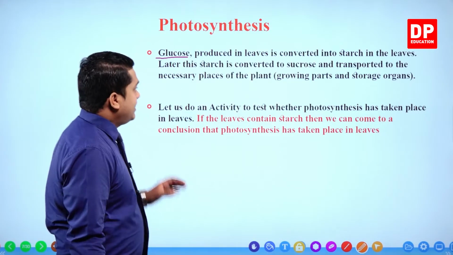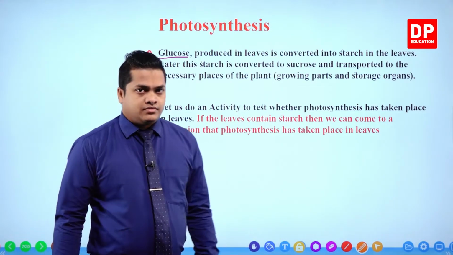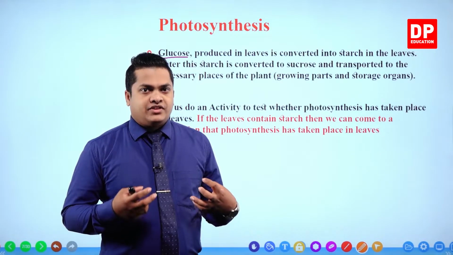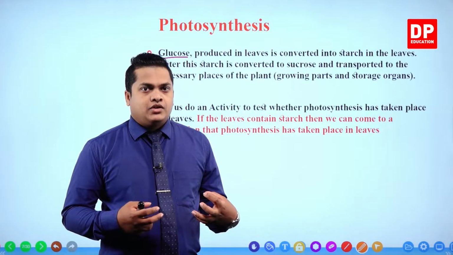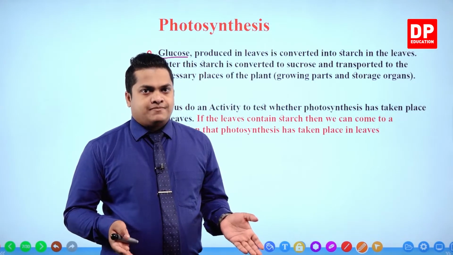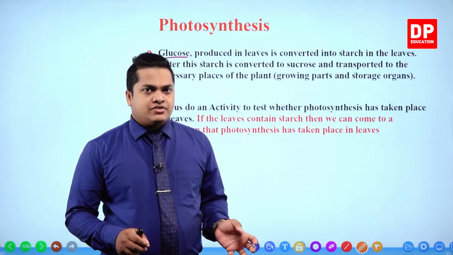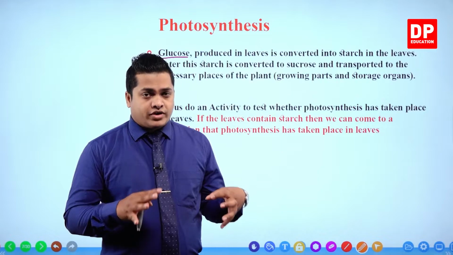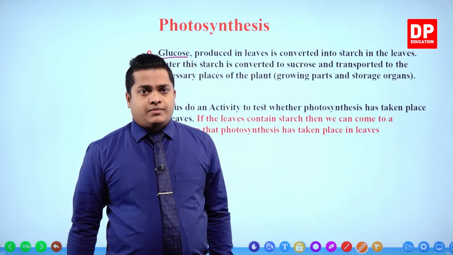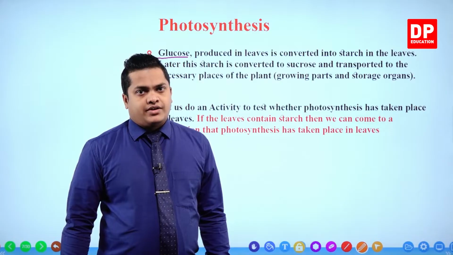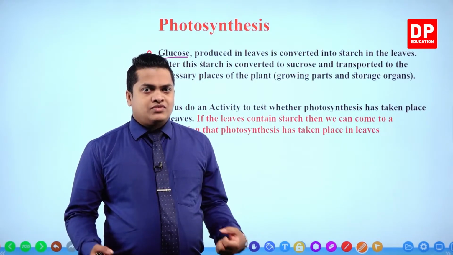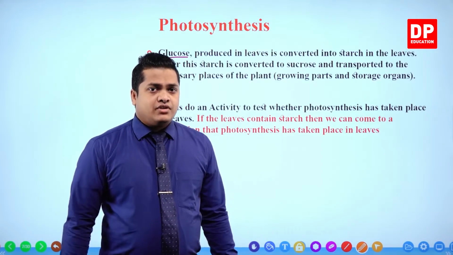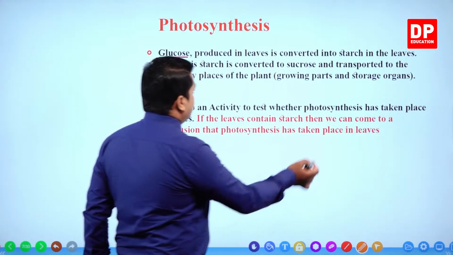So here it is given that glucose, right? So you know that glucose is the main product which is created within the plant during the process of photosynthesis. The glucose which is produced here is not going to be transported all around the rest of the body parts of the plant. The glucose which is produced within the leaf is converted into a substance called starch.